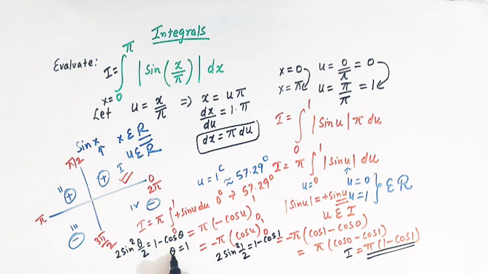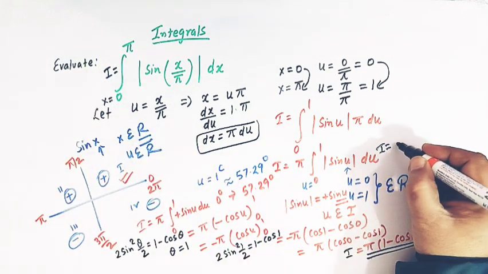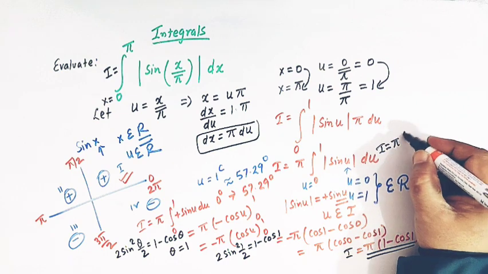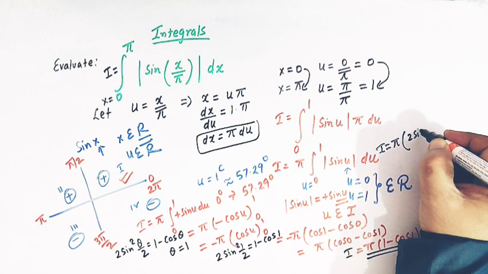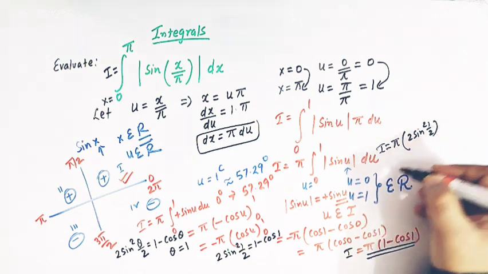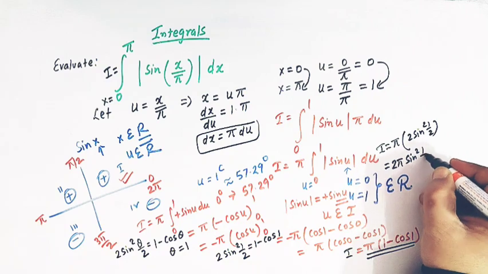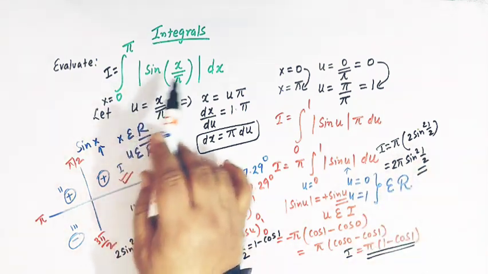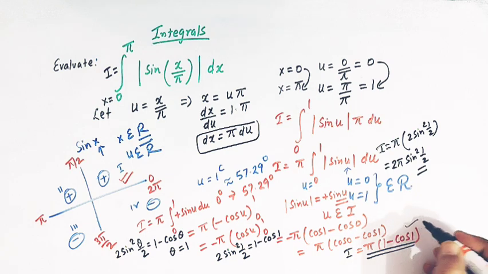So taking theta equal to 1, we have 2 sine square half is equal to 1 minus cos 1. So now this I can also be written as pi times 2 sine square half, that is 2 pi sine square half. So the value of this integral can either be written like this or by this expression.